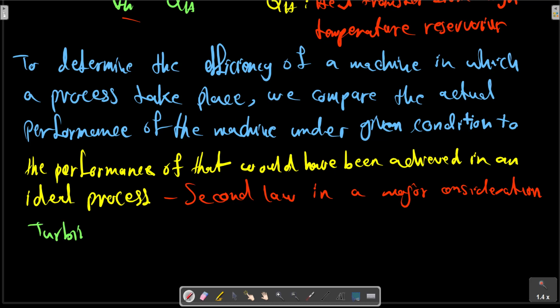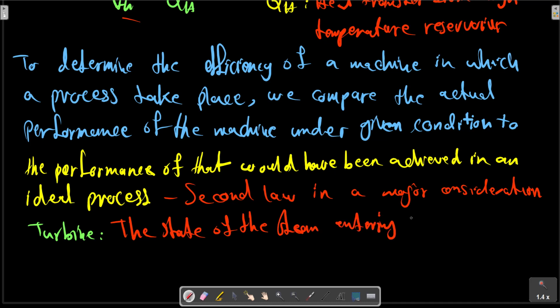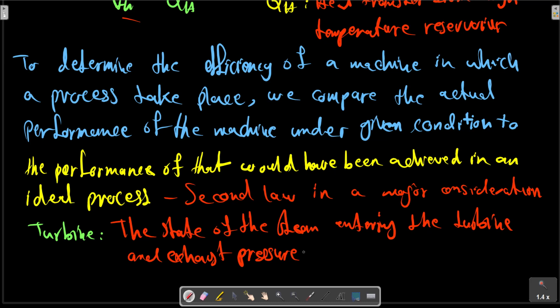For a steam turbine, the state of the steam at the inlet and the exhaust pressure are fixed.